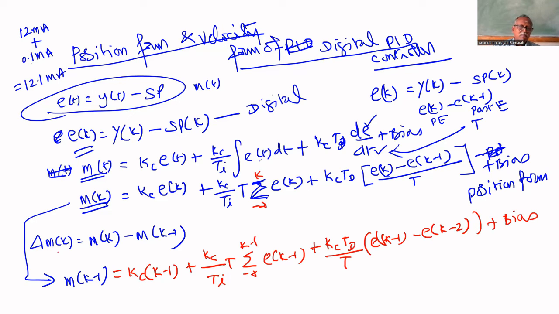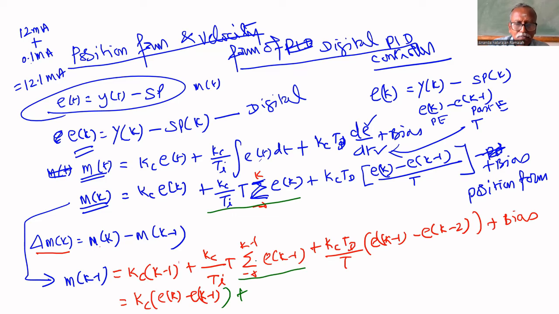Therefore, delta M of k, the change in controller output, equals M of k minus M of k minus 1. If you subtract, for the first term you get Kc multiplied by E of k minus E of k minus 1. For the integral term, the terms up to k minus 1 get cancelled.